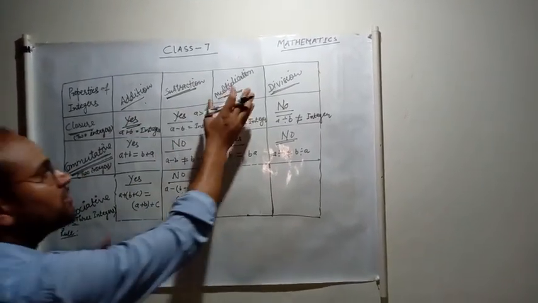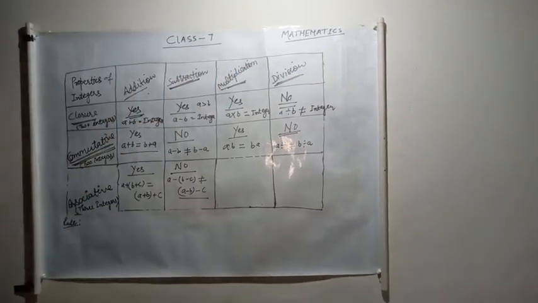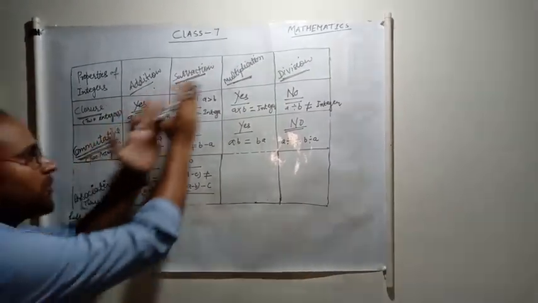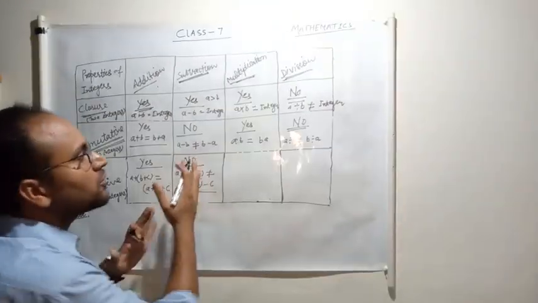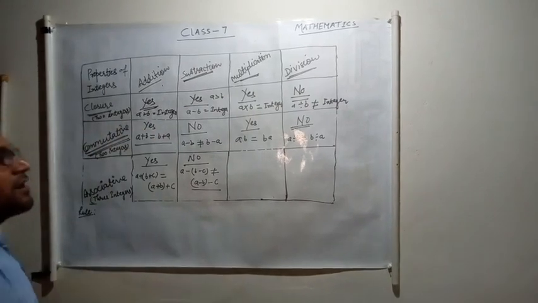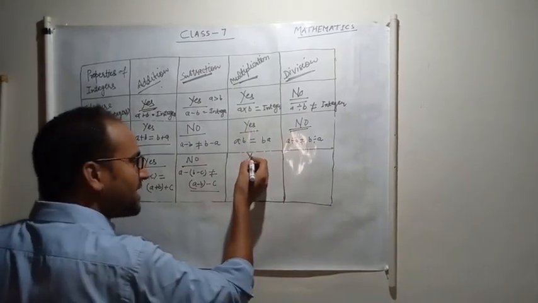In the same way, I am going to discuss the associative property over multiplication. It is also very easy. I'm going to tell you multiplication will hold for associative. Yes, I will show you with this example.